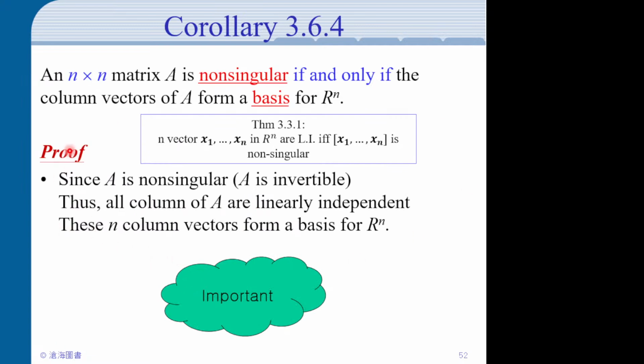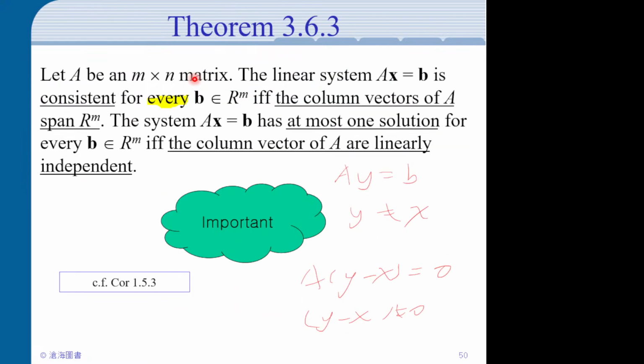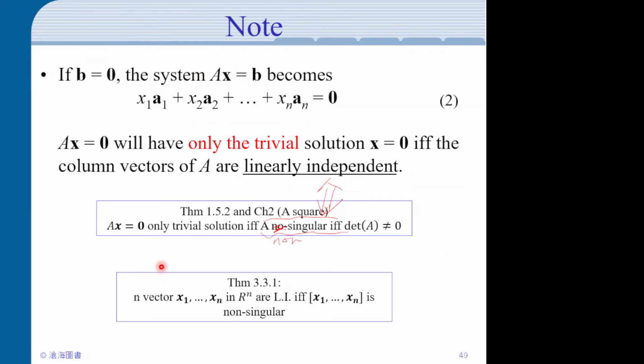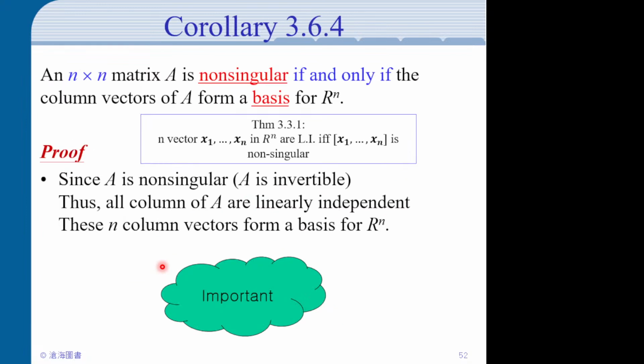And here, this thing we basically discussed before. If we have an n by n matrix, then it goes back to all the discussion here. So if it's an n by n matrix, then we can characterize all those things by seeing whether it is singular.